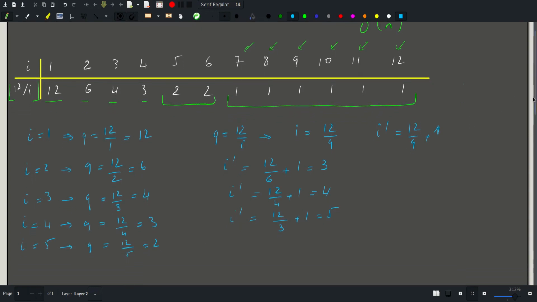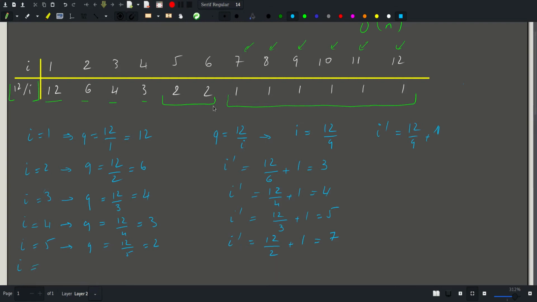But notice what's going to happen now. If this works, we need to jump. Our next value of I needs to be 7, because this 6 has the same quotient as 5. So let's check if that works. I prime will be equal to 12 divided by 2 plus 1. So 6 plus 1 is indeed equal to 7.